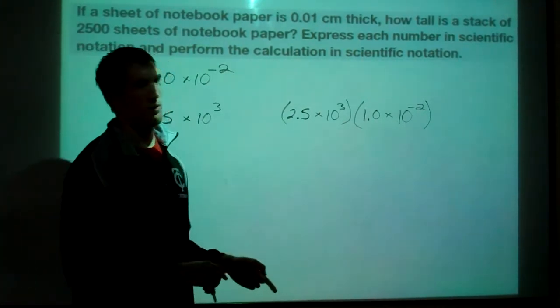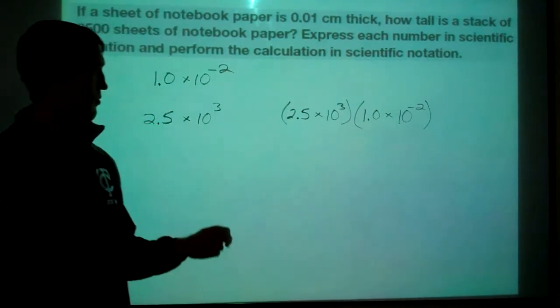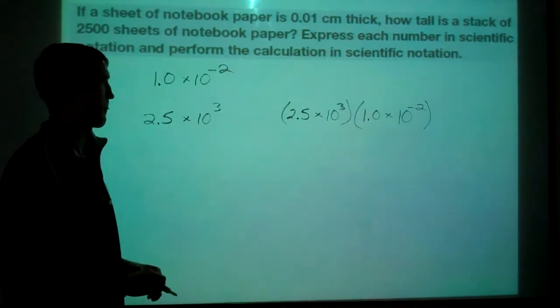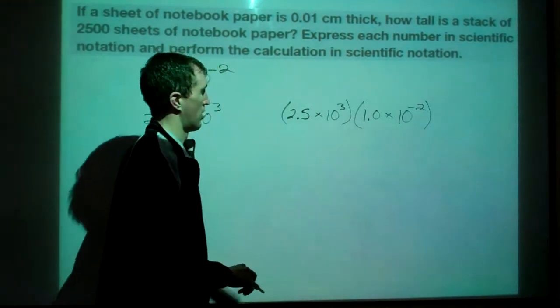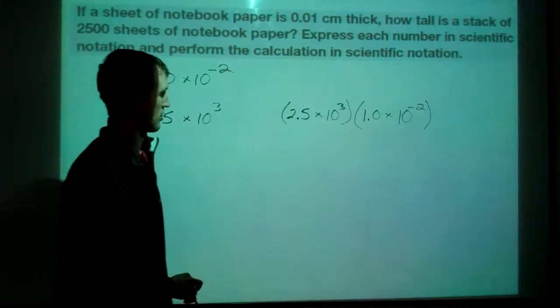So remember, the commutative property of multiplication says that we can rearrange the multiplication without changing our answer. The order can switch and we could still get the same answer.